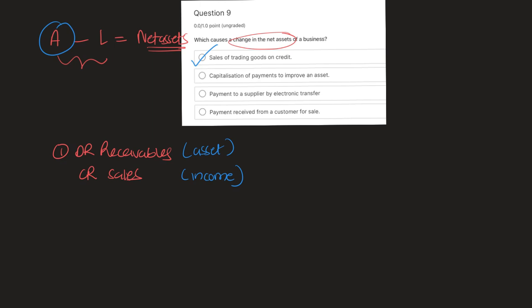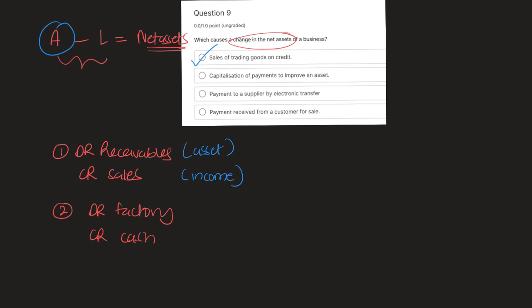Option 2 talks about capitalization of payments to improve an asset. The phrase capitalization of payments simply means you are increasing the value of a non-current asset. Let's just pretend that non-current asset is a factory. So you'd be debiting the factory, its payments, so you're going to be crediting cash.